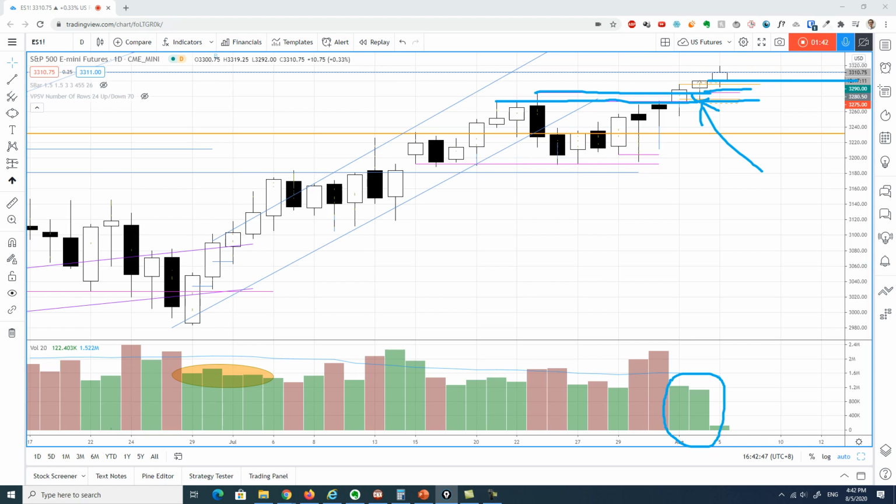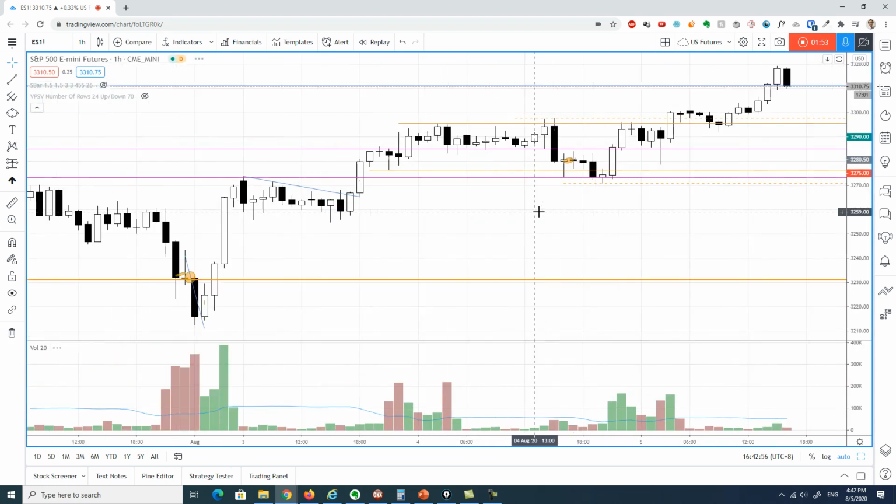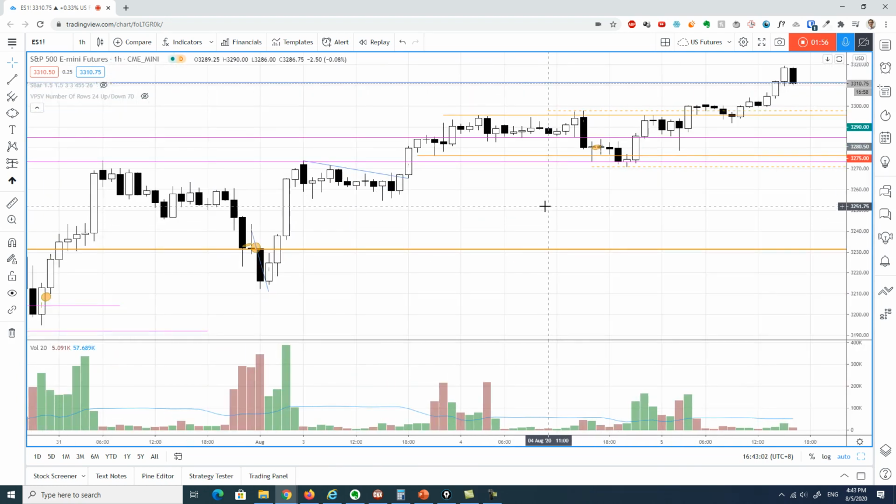All right, so let me just get down to the hourly time frame to have a clearer view. As we can see in this hourly chart, just prior to the US opening session, we have a very tight range. This is the previous day close. During the Asian session, we have a very tight consolidation around the 3290 level.